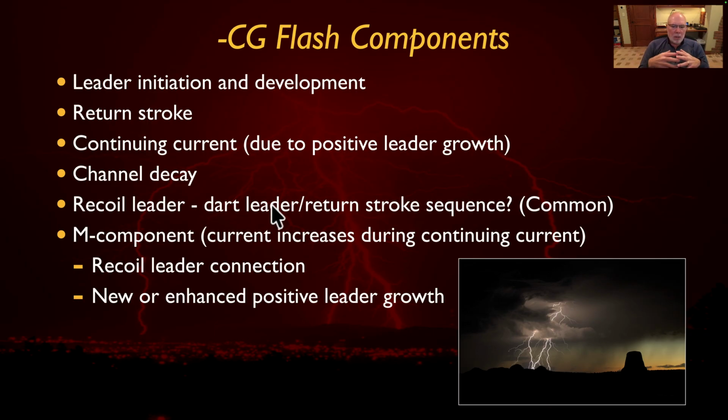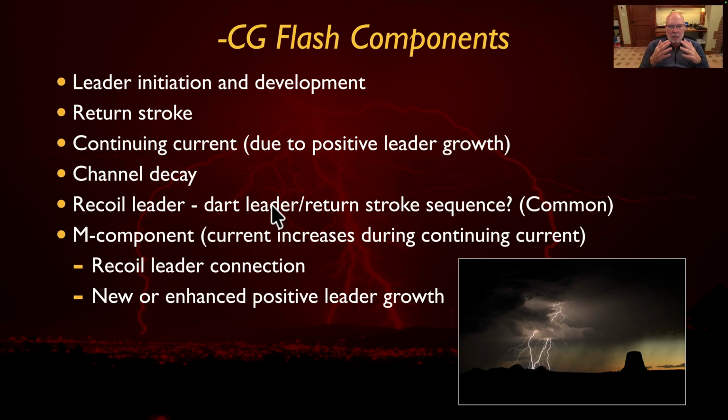Or the flash may decay itself, the whole channel to ground even, and then we'll see redevelopment in the upper portion of the flash, and the leader comes down and causes a subsequent return stroke. And that's very common. That's the flickering. We see subsequent leader return strokes that go back up, and that multiplicity is due to recoil leader development.